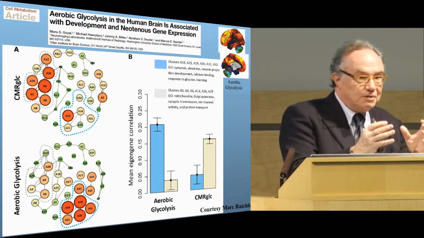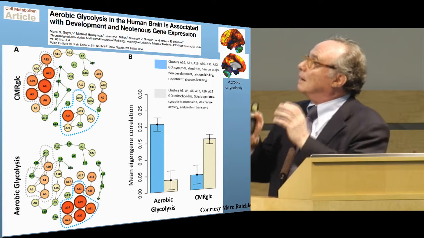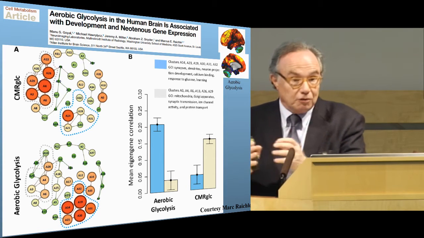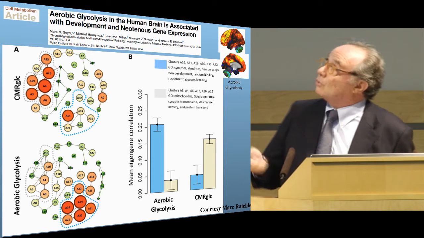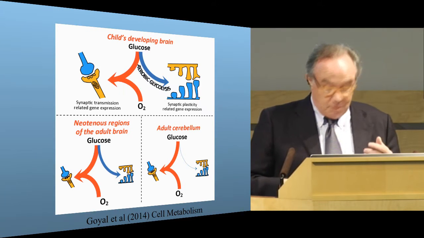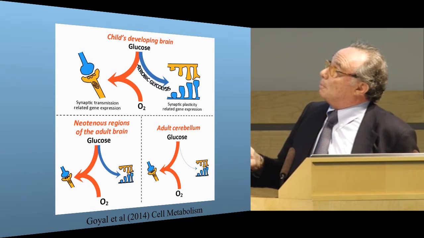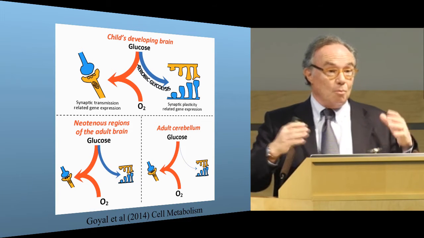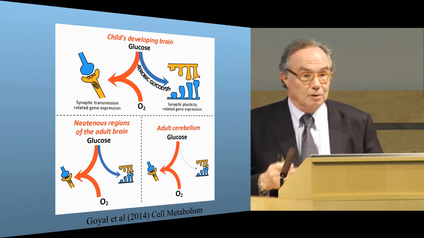So where there is aerobic glycolysis in the adult brain, there seems to be an association with the expression of genes related to plasticity and development. He calls them neotenous gene expression. And what is interesting is that actually in early development, the brain widely expresses this metabolic profile of aerobic glycolysis.